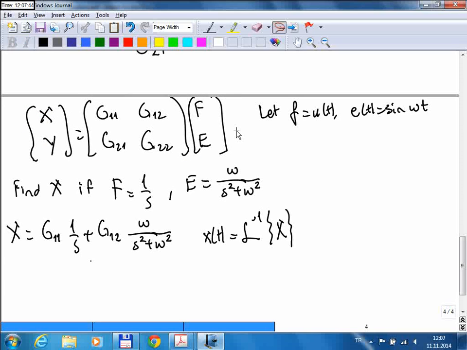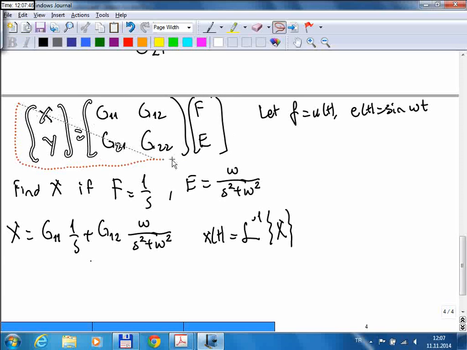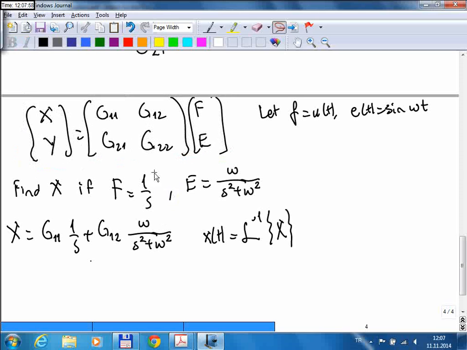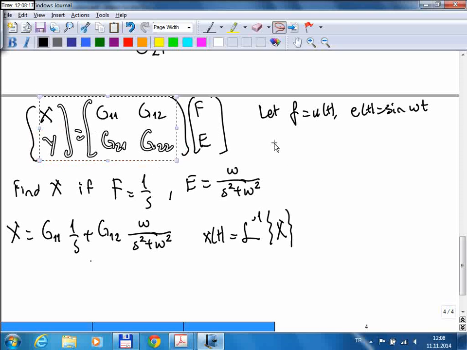So you may be trying to find the response of your helicopter if the pilot gives two inputs at once. He moves the cyclic in one direction and then he changes the collective input. So you find the Laplace transformation of those inputs, and then if you have these transfer functions, you can put them here, and then the result will give you how the forward speed will be changing, for example. And if you want to calculate how the vertical speed changes, then you use the other transfer functions, and that's how you calculate it. Okay.